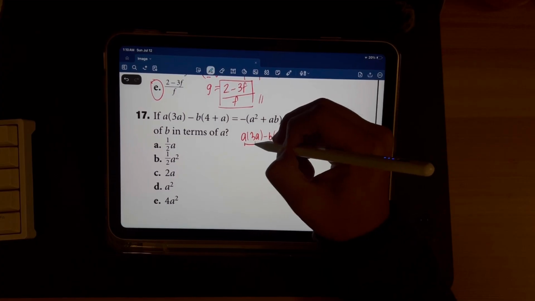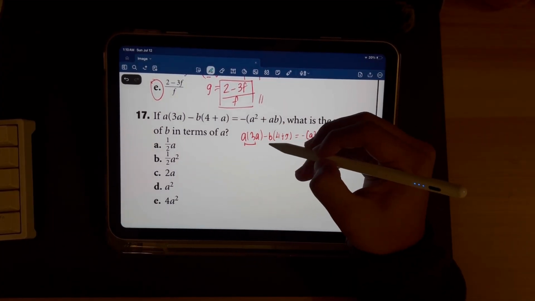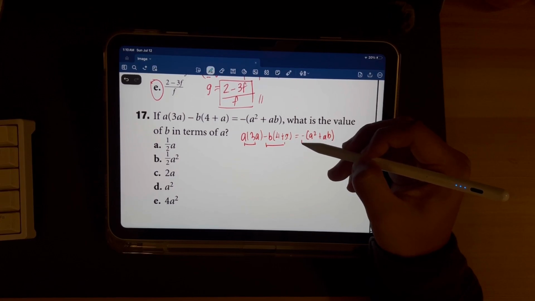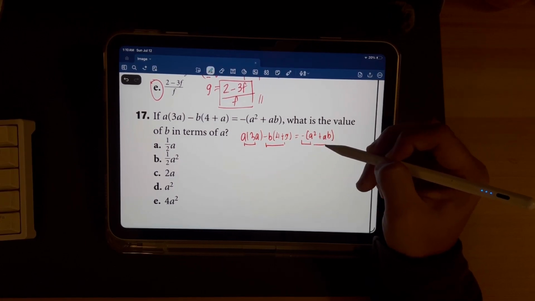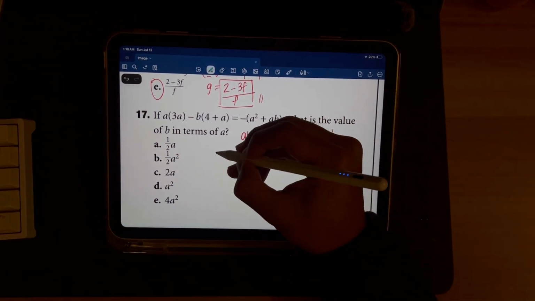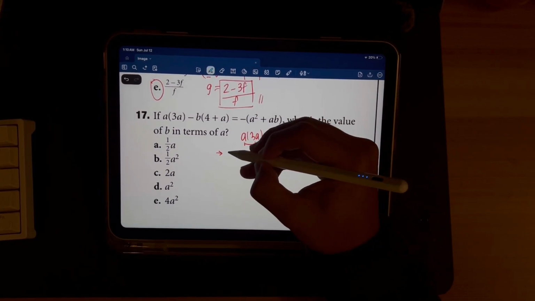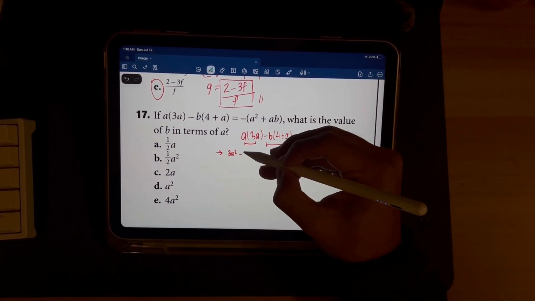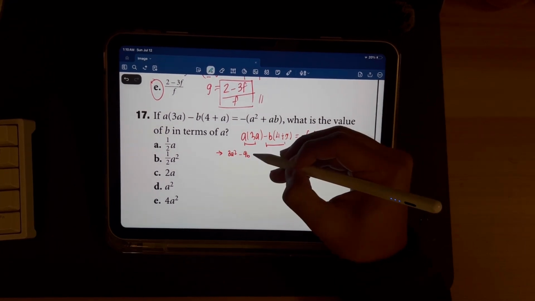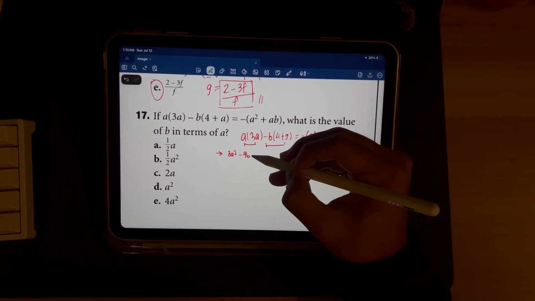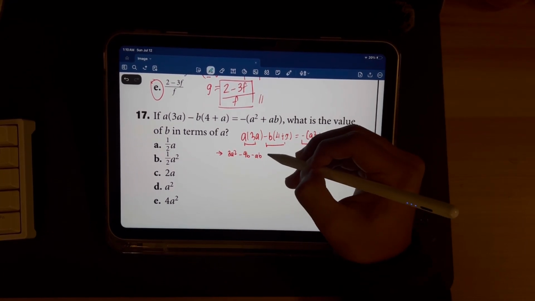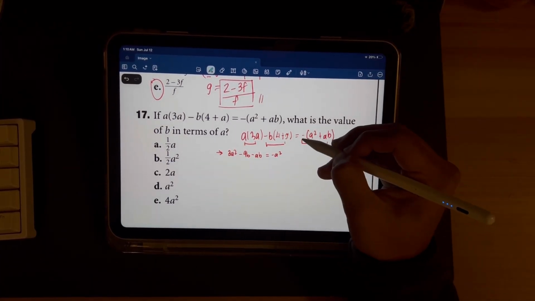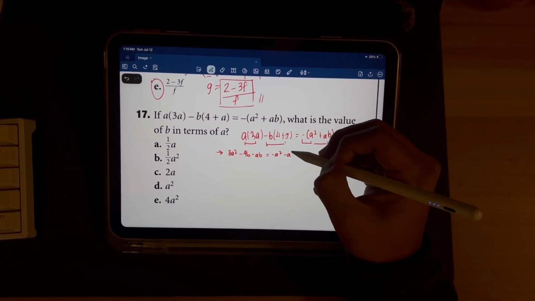Here we are going to multiply this a to 3a, multiply negative b to 4 plus a, and distribute the negative sides into the two values, and we are going to end with 3a squared minus 4b minus ab is equal to negative a squared minus ab.